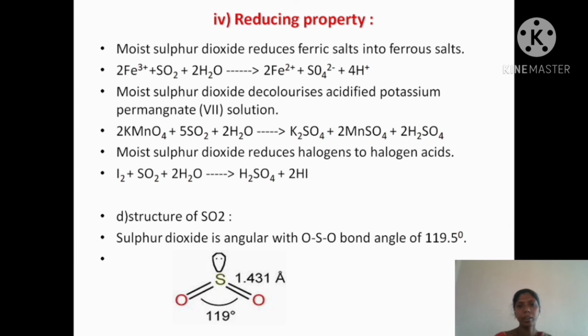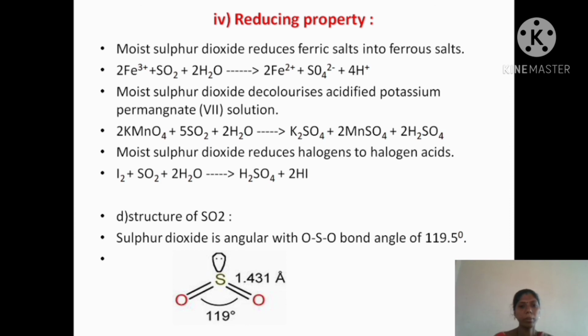It forms K2SO4, potassium sulfate, plus 2 MnSO4, manganese sulfate, plus 2 H2SO4. Then moist sulfur dioxide reduces halogens to form halogen acids, like in the reaction I2 plus SO2 plus 2 H2O, it forms sulfuric acid plus 2 HI. This is hydroiodic acid.